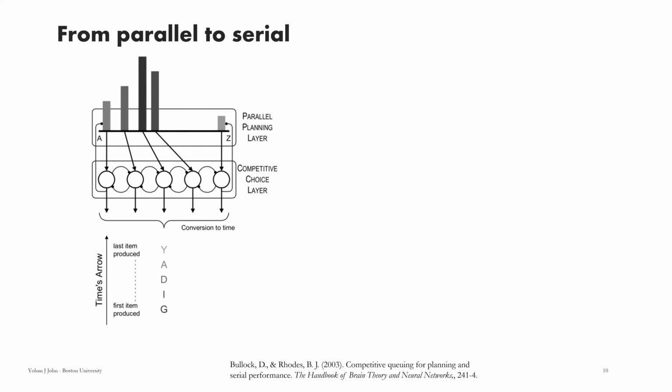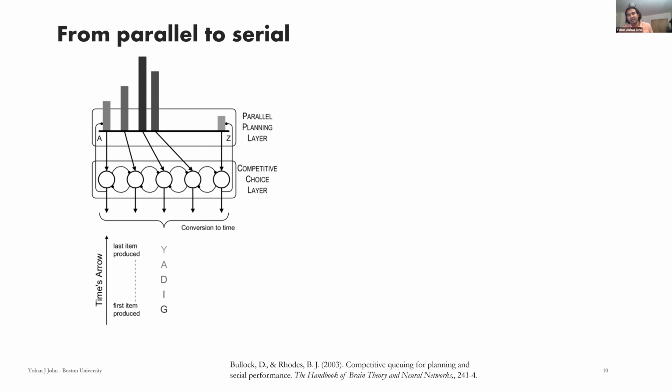It also gives rise to the same item-in-order working memory. So there's this nice unifying thread of simple principles, simple circuitry, that can give rise to all of these different interesting properties and behaviors.